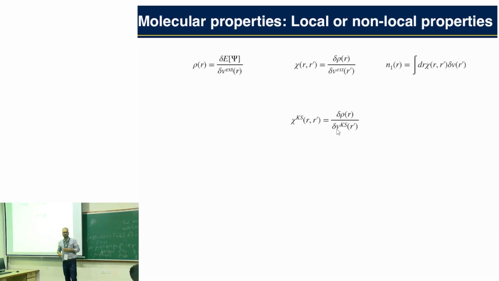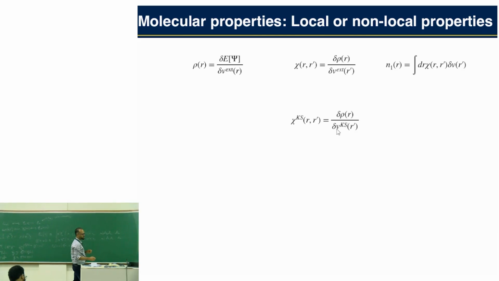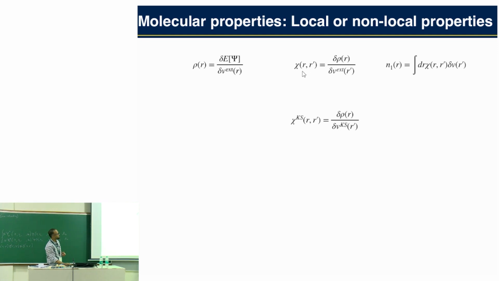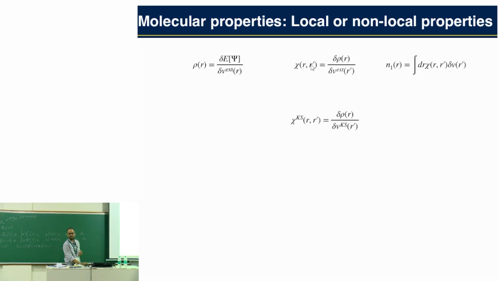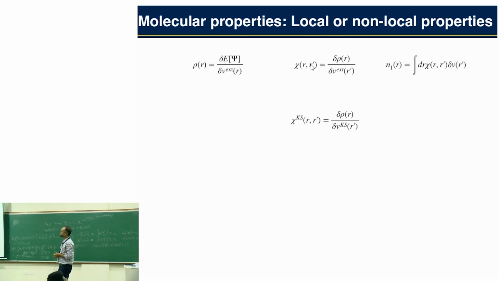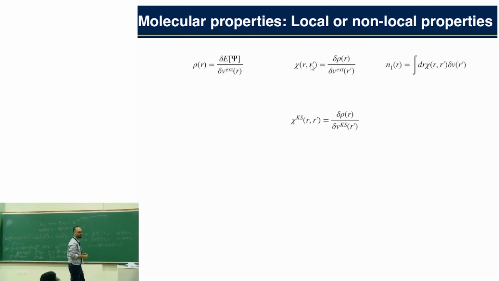That will give you the Kohn-Sham response function. Density is just r dependent, rho(r), and the first order response with respect to potential is r and r' dependent. And you can go on and so forth. So these are all various quantities that you might be interested in. Is this okay?